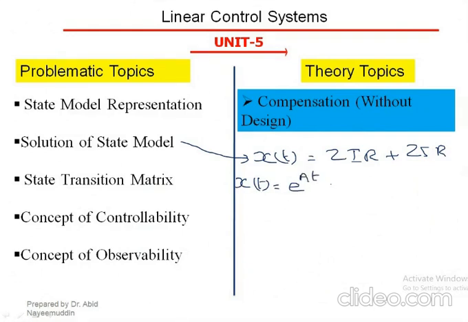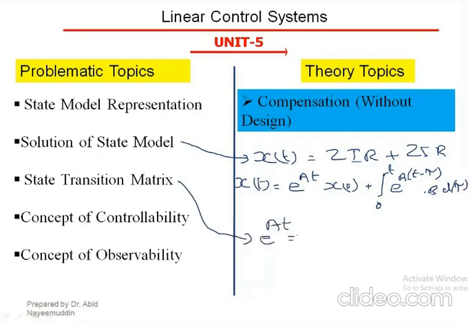It is L inverse of (sI minus A) whole inverse into x of 0 plus integration from 0 to t of e power A into (t minus tau) into B into u of tau. You need to remember this formula compulsorily. And similarly, what is the state transition matrix? It is mathematically equal to e power At, which is also equal to phi of t, which is also equal to L inverse of (sI minus A) whole inverse. So you need to remember these two formulas in this solution.